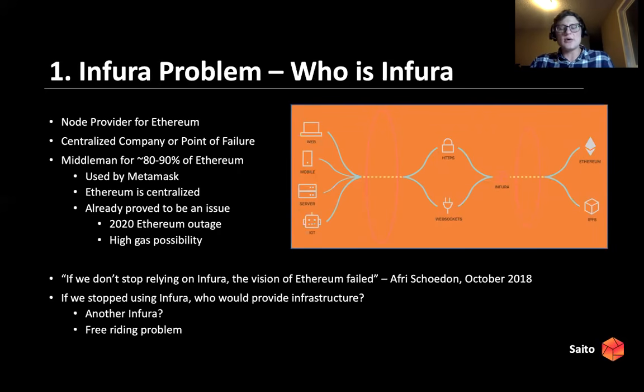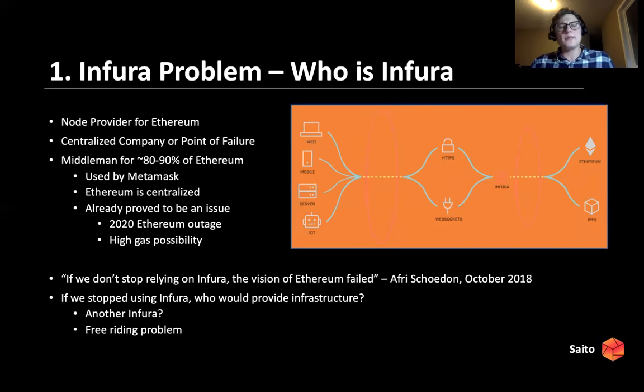The reason why this outage occurred is because Infura was running the wrong version of the Ethereum blockchain. By running the wrong version, they basically paused the entire blockchain, and transactions weren't able to make it onto the chain. So we had a big outage in 2020.